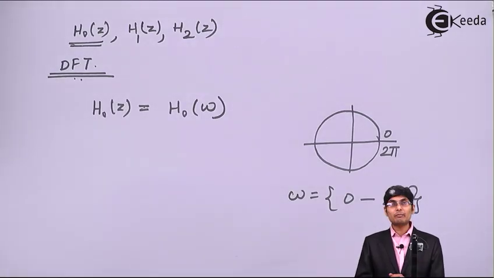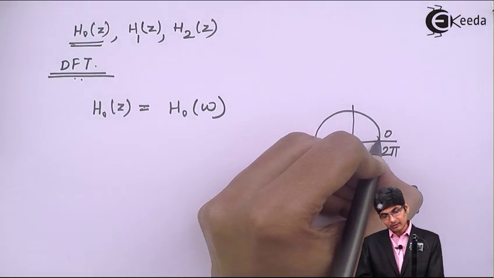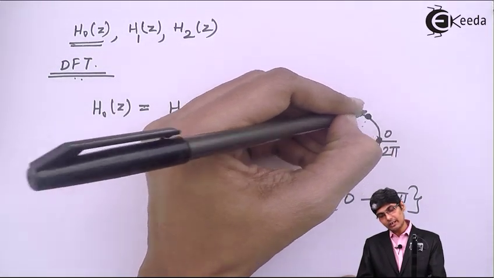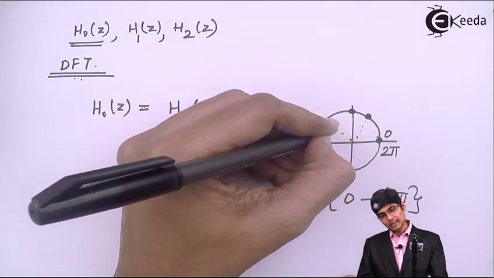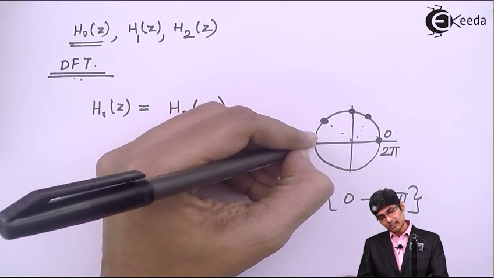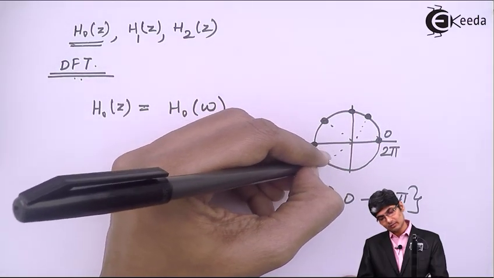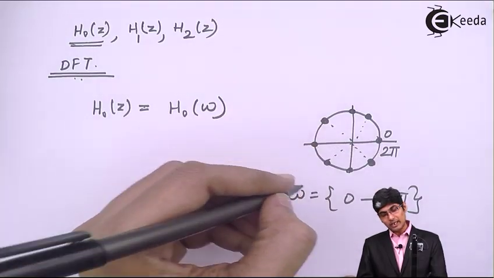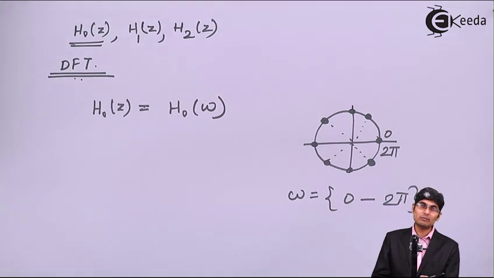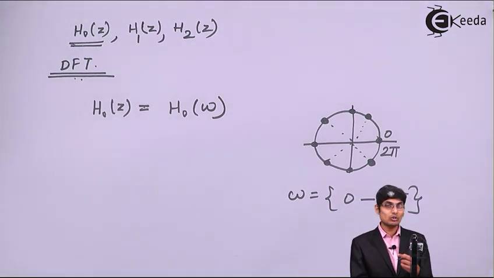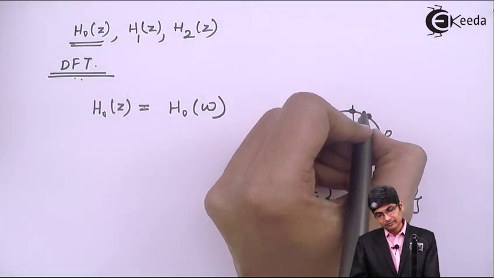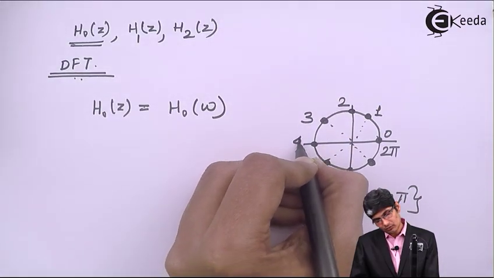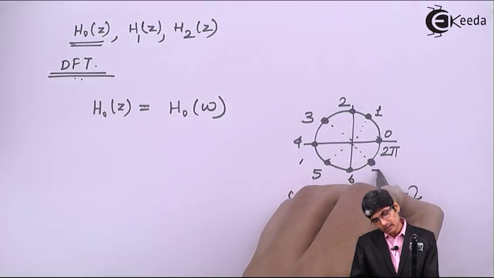If I divide into 8 parts, what is going to happen? If this is the first point, then this becomes my second point, this my third point, this my fourth point. Let us say they are equidistant: fifth point, sixth point, seventh point, and then the 8th point, isn't it? So that means 8 total values, 0 to 7. So this is 0, this will be 1, 2, 3, 4, 5, 6, 7.